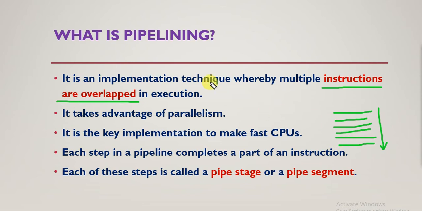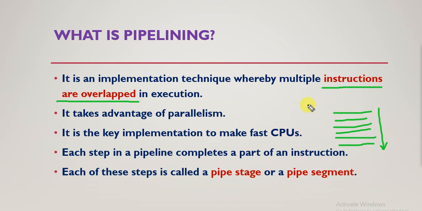When it comes to pipelining, these multiple instructions given to a system will be overlapped because we have only one processor and only a few sets of resources.